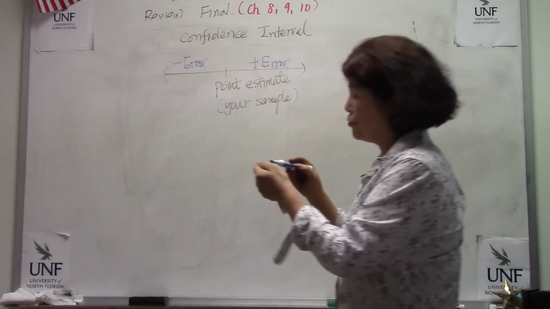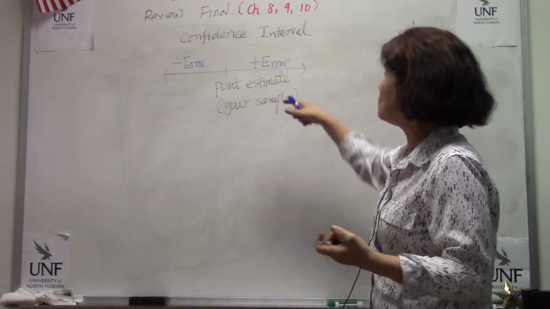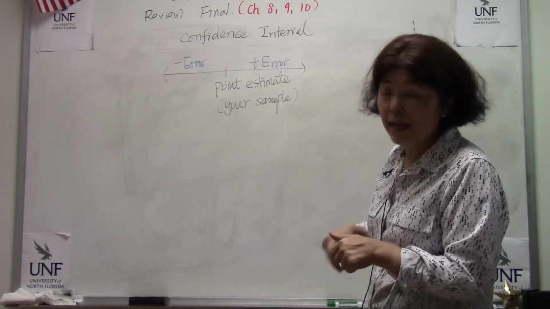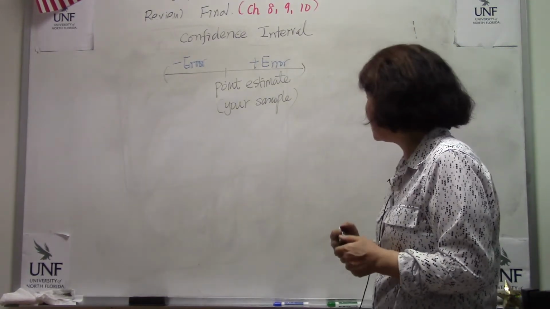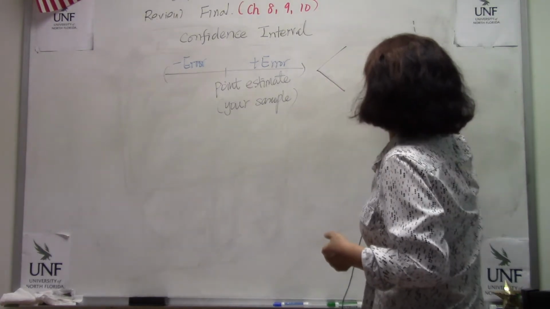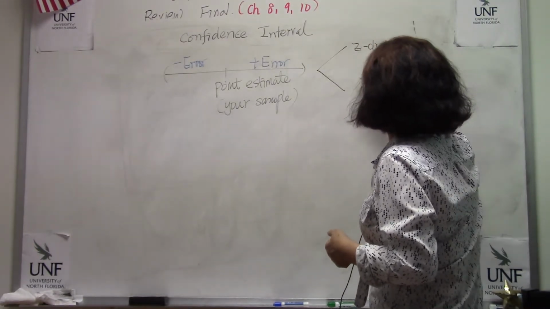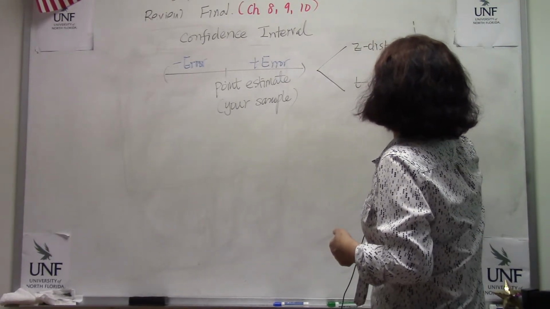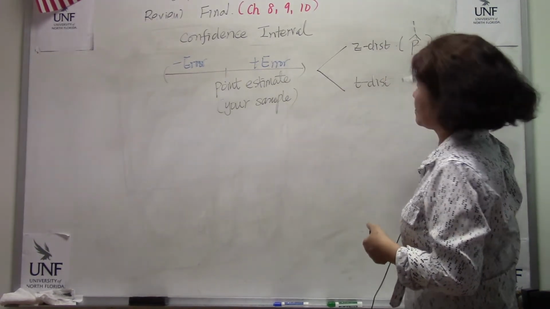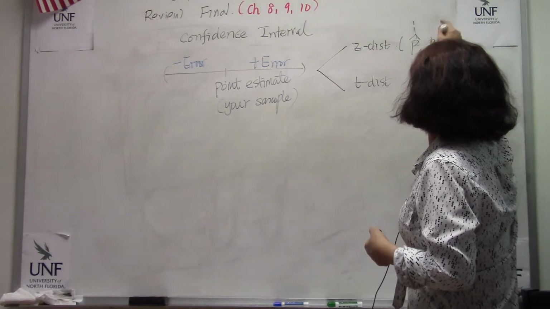That's how we construct it. So what else is included other than your sample? There is going to be a confidence level, which is going to be stated. You are going to use two types of distributions: the Z distribution and the T distribution. Z distribution is about p hat and p.